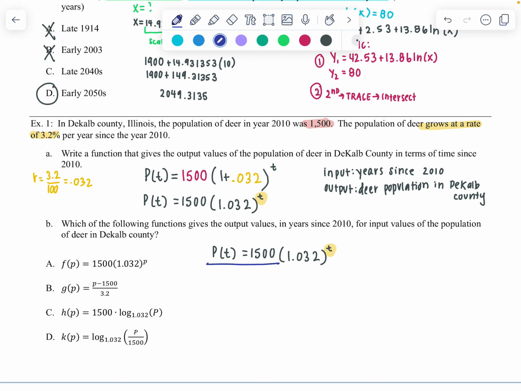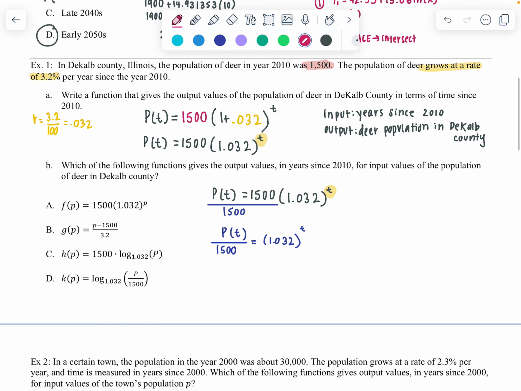So we'll start by dividing by 1,500. So we get P of t over 1,500 equals 1.032 to the power of t. Now the inverse of an exponential is a log. So currently the base of the exponential is 1.032.